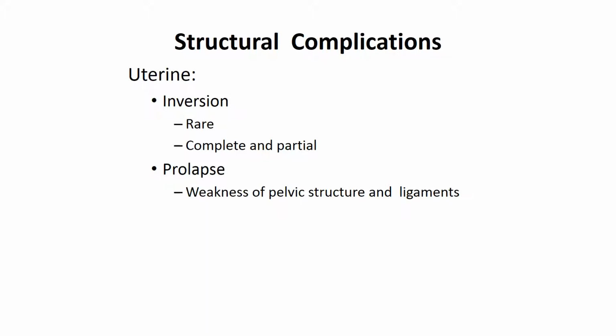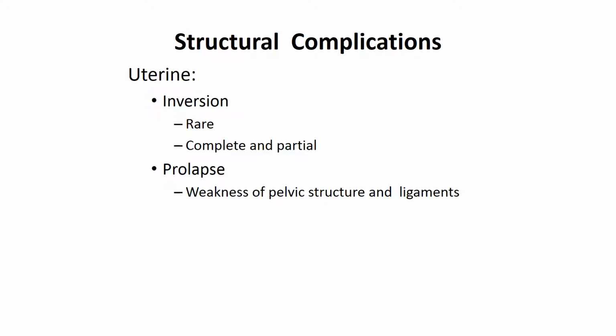Structural complications. When we look at postpartum, we're looking at uterine inversions and or a prolapse. Inversion literally is where the uterus turns inside out. Thank goodness it's rare. There are two different types, the complete and or partial.